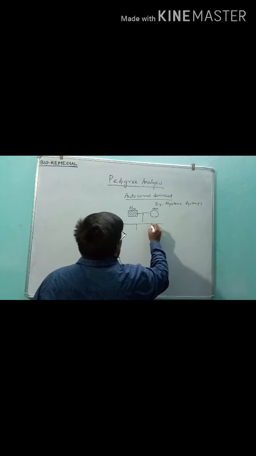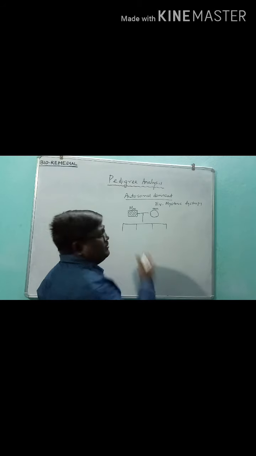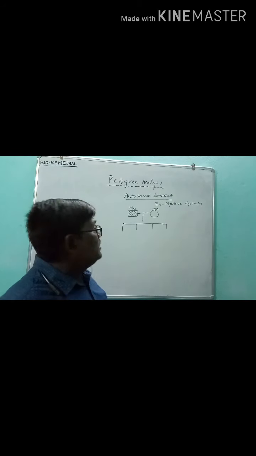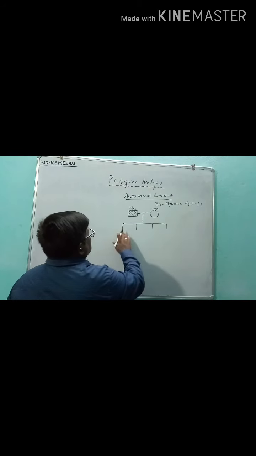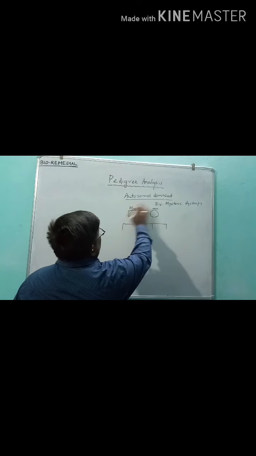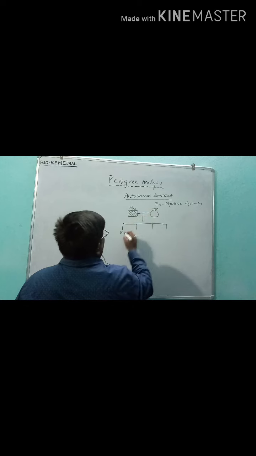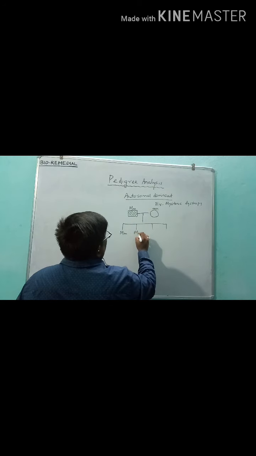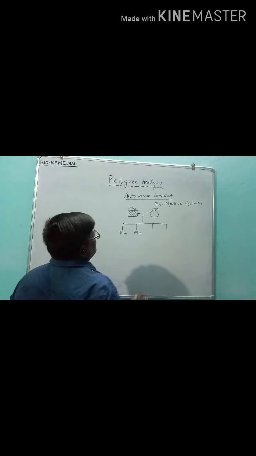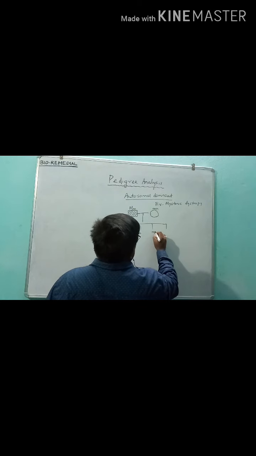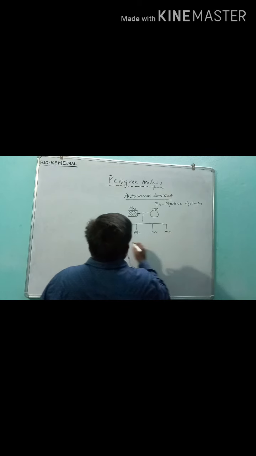Let us draw four offspring, because four genotypes are possible. The combination will be like this: the defective gene will combine with small m and small m, and the other two will be normal.